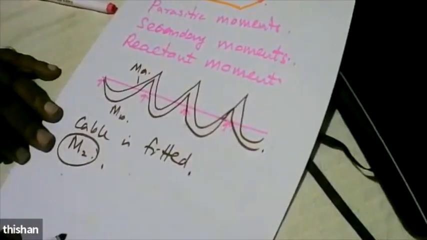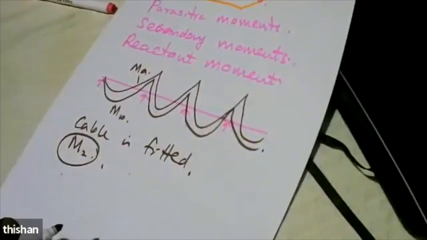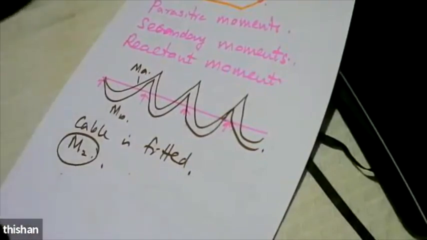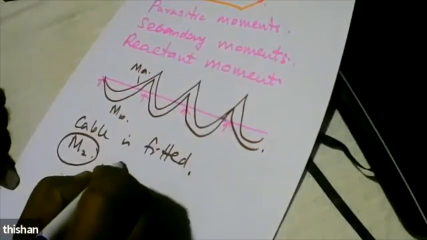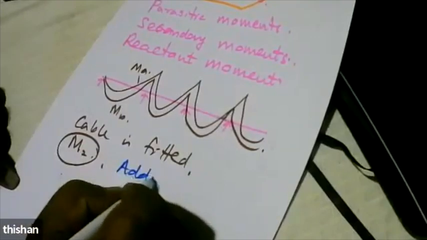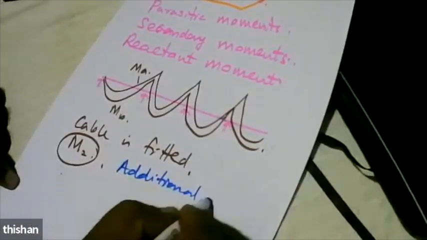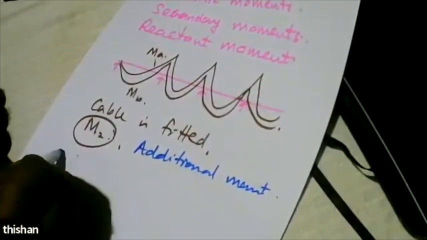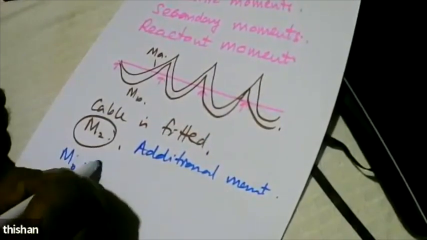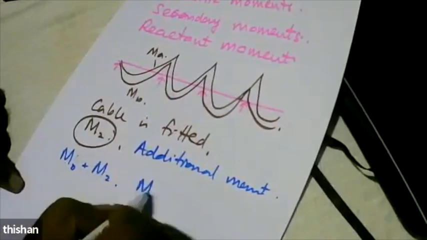It's a secondary moment, which means now we have drawn a Magnel diagram using this moment diagram. And then after doing everything, you fit in the cable, everything. Now you are getting an additional moment. Then what is the total moment? Total moment is MB plus M2, MA plus M2.